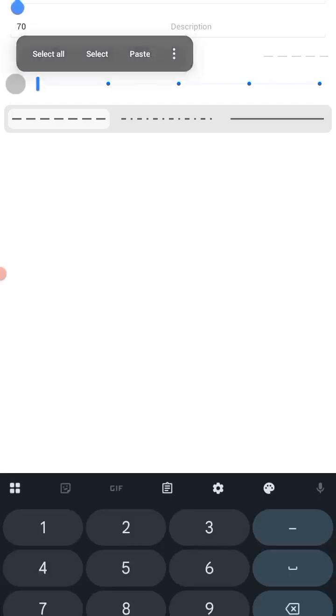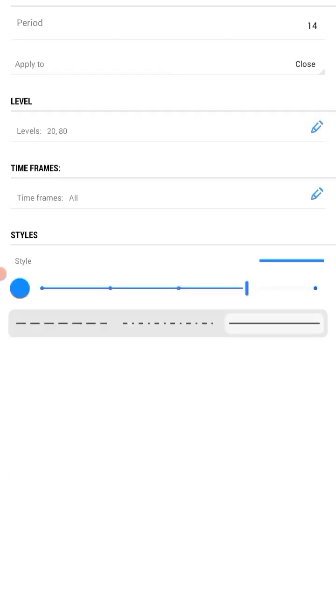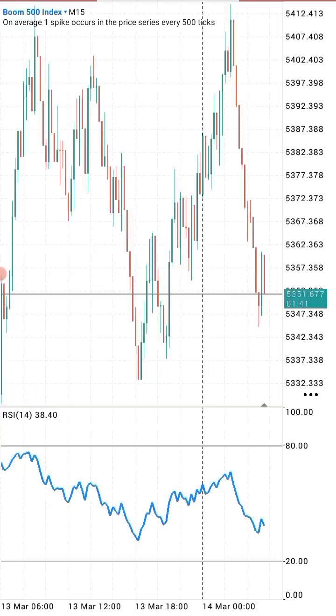This 30 will become 20, and this 70 becomes 80. Now look at how it looks. So overbought now is 80 and oversold now is 20. This reduces false signals and helps you catch stronger market reversals.